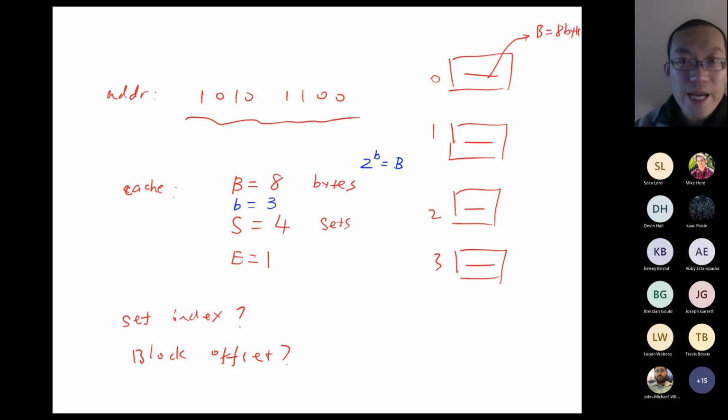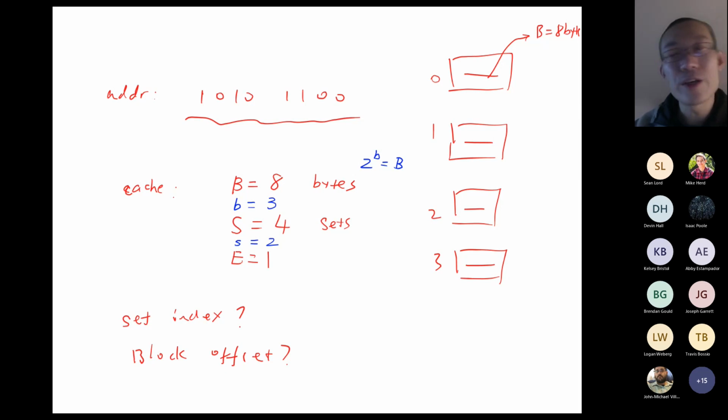And for the set index, the similar idea: we need bits to denote any number between 0 and 3. In such a case, we need 2 bits. After we decide how many bits we need for each field, we can start to denote it. We need 3 bits for the block offset.